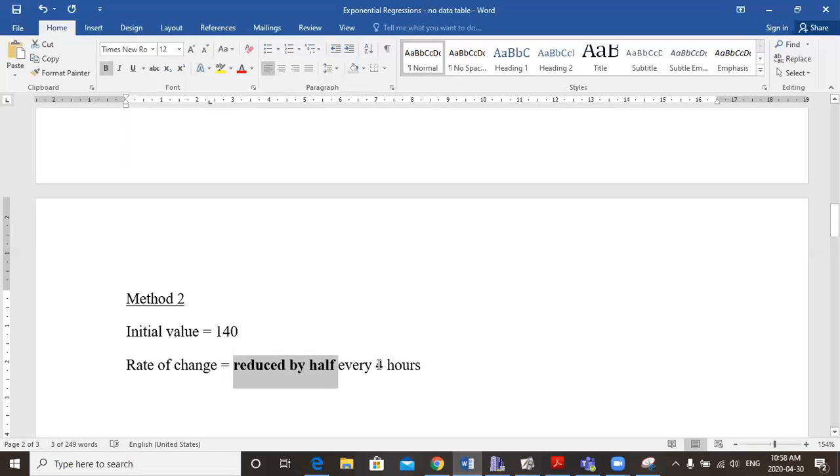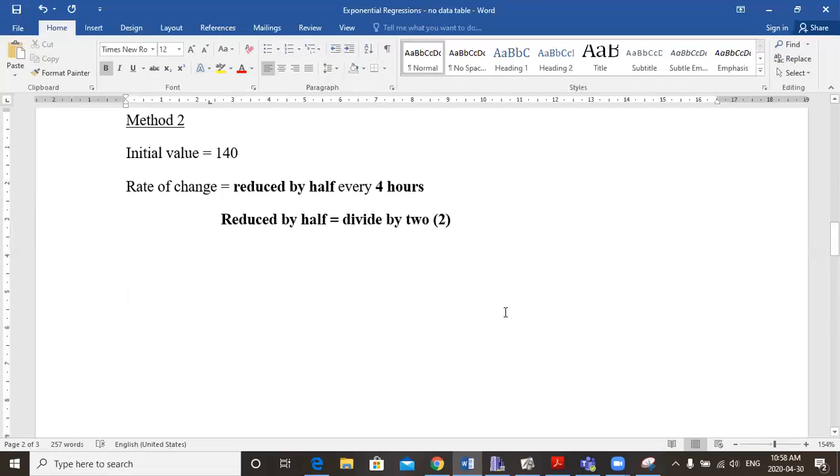Because reduced by half means divide by 2, 2 is going to be our base. If it was reduced by a third, then the base would be 3.